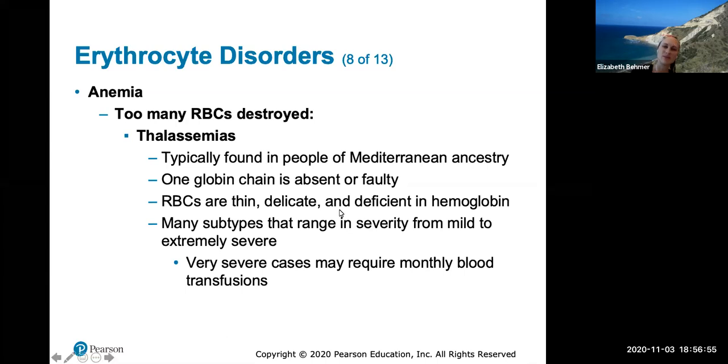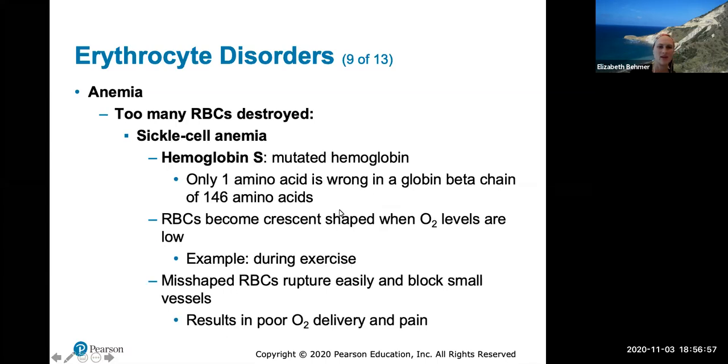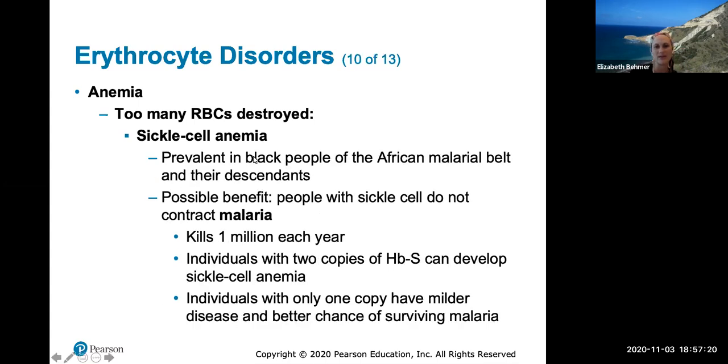Okay, I'll skip over this one because they probably don't want you to know that. Sickle cell anemia, I do want you to know this one because it's a genetic disorder. We might not get to genetics too much, but hemoglobin S is just mutated hemoglobin. Sickle cell anemia is a genetic disorder that affects the structure of your hemoglobin and can lead to death.